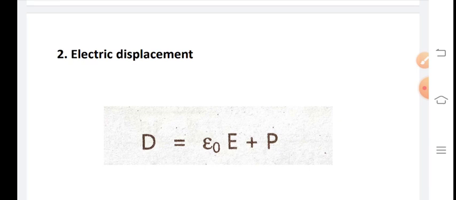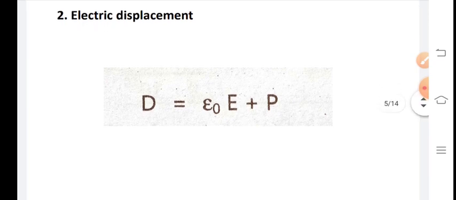The electric displacement field is a vector field having unit coulomb per meter square, and it describes the displacement effect of an electric field on the charges within the material, such as polarization charges or bound charges. In short, it is the charge per unit area that would be displaced across a layer of conductor placed across an electric field. So the electric displacement is denoted as D is equal to epsilon naught E plus P.